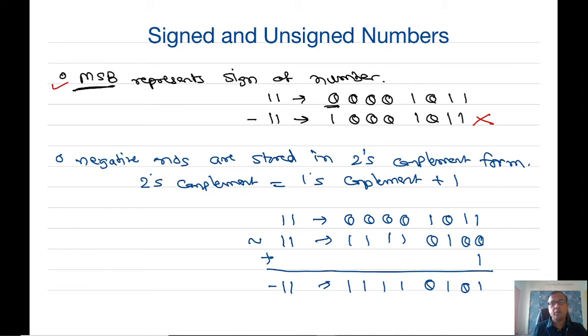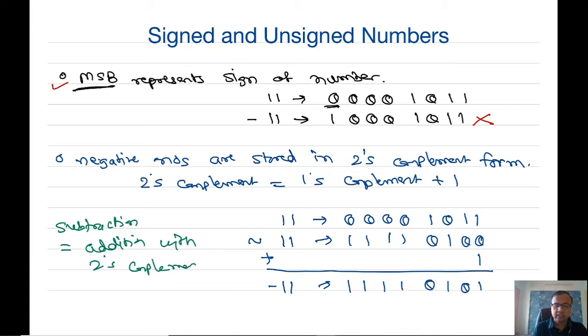People might have a question: but sir, why are negative numbers stored in 2's complement form? If you ever want to understand this, then somewhere you need to go into the basics of digital electronics. In digital electronics, we say that subtraction is nothing but addition with 2's complement.